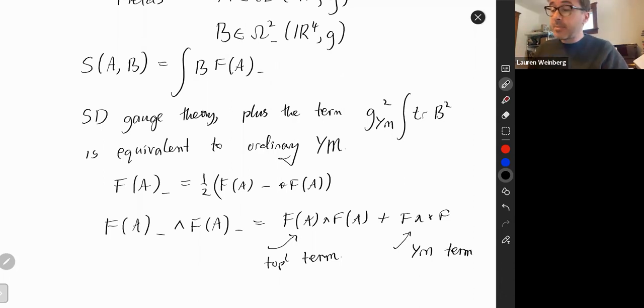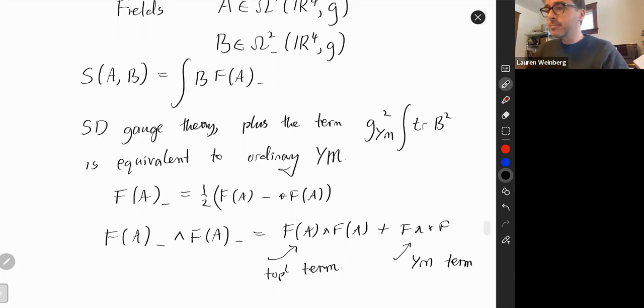So the precise statement is that when you integrate out B non-perturbatively, you get Yang-Mills theory with a very large theta angle proportional to 1 over the gauge coupling. But if you just treat it in perturbation theory, the theta angle doesn't matter. So perturbatively, it's equivalent.